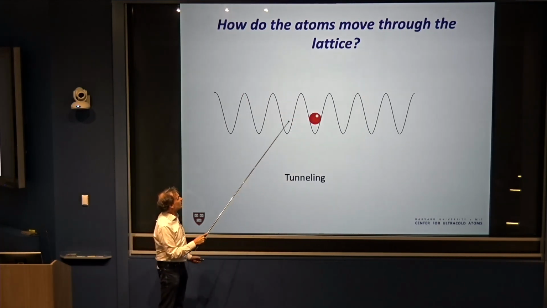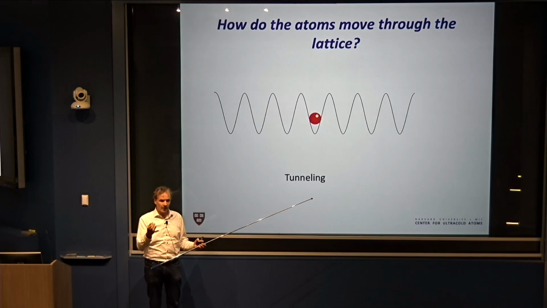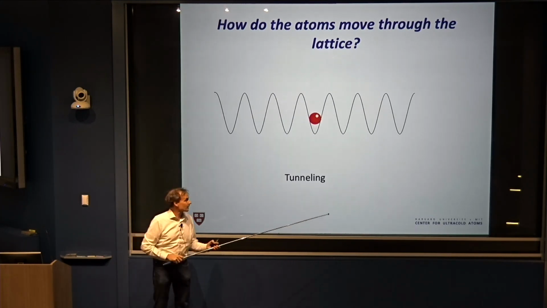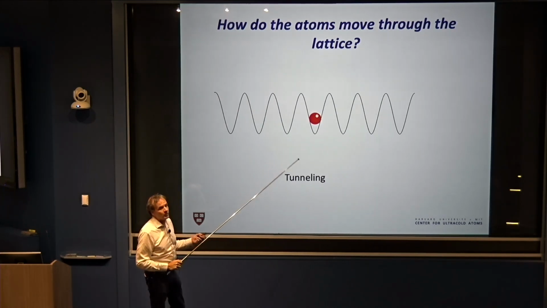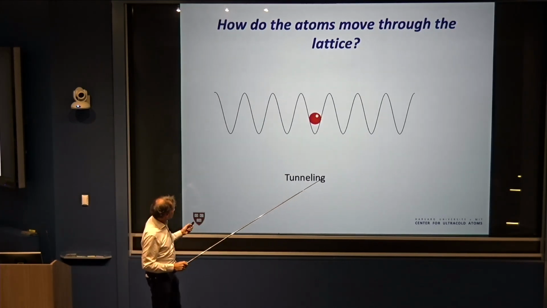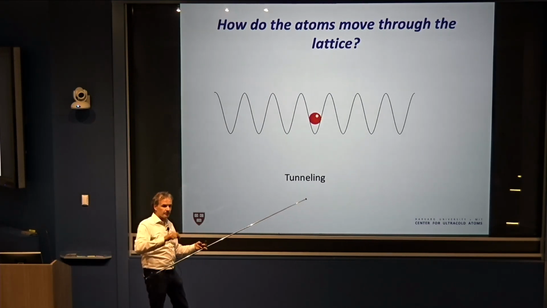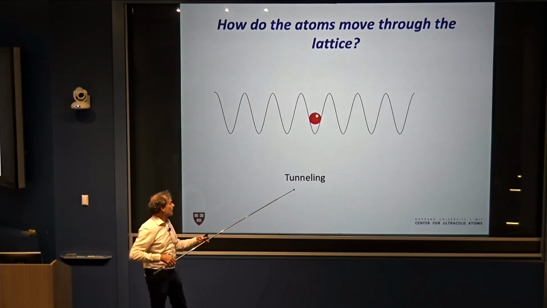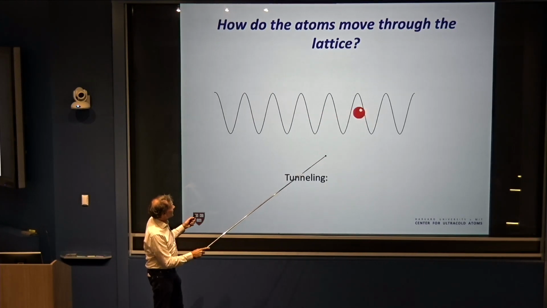It can go through this forbidden region briefly, essentially, and so it can tunnel from site to site, just like an electron can tunnel from one atom to a different one, or within an atom from different sides. In a molecule between different atoms, like in graphene or so, the valence electrons are delocalized. Okay, so the atom can tunnel between these sites.